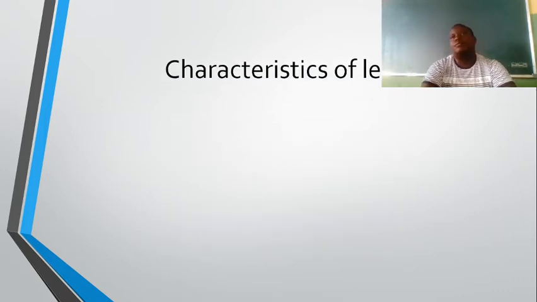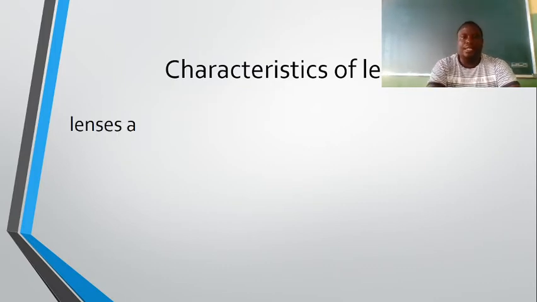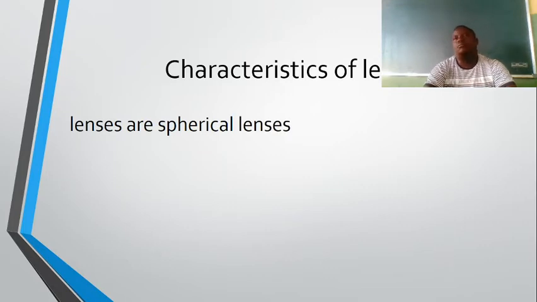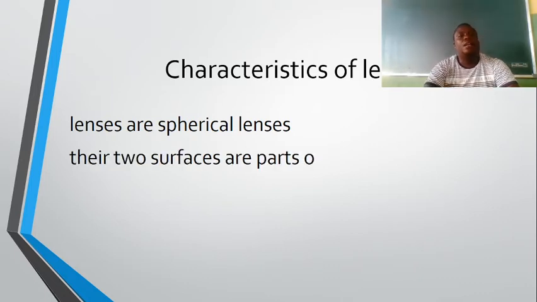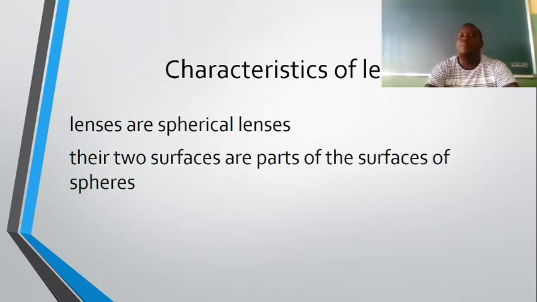Characteristics of lenses. What are the characteristics of the lenses we are talking about? Lenses are spherical. I have told you they are spherical like mirrors. Some of them are half or part of a sphere. Their two surfaces are part of the surfaces of a sphere.